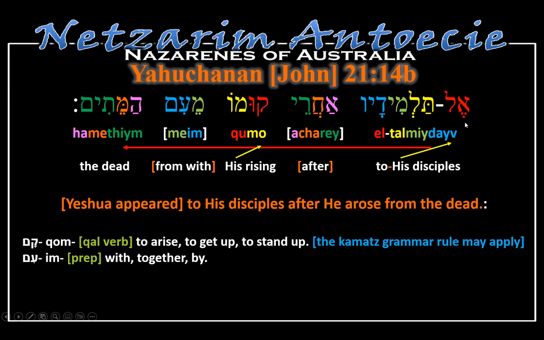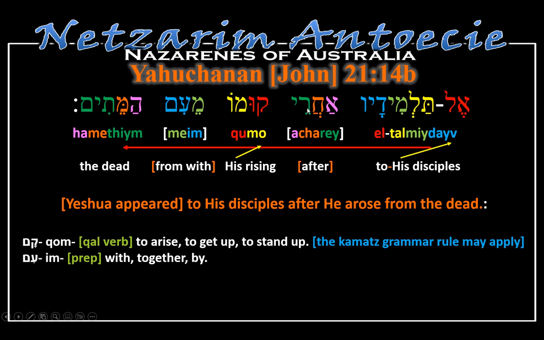And now we get 14b. And we have an Aleph Lamed, Tav Lamed, Mem Yod, Dalet Yod, Vav. Aleph, Chet, Resh, Yod, Kuf, Vav, Mem, Vav. Mem, Ayin, Mem Sofit, Hey, Mem, Tav, Yod, Mem Sofit. El, which means to, when it's combined or joined to something. Talmidav, to his disciples.